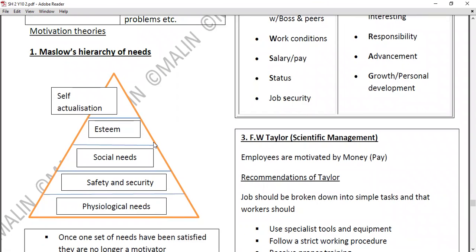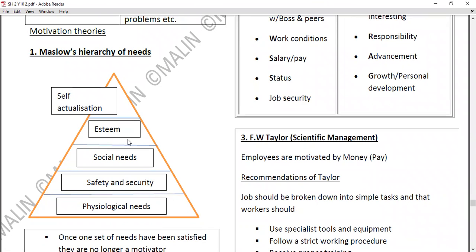Then social needs, such as belonging, friends, partners, sometimes kids, sometimes friends at work. And then esteem needs.